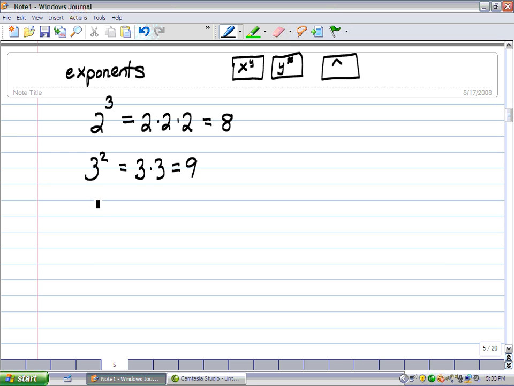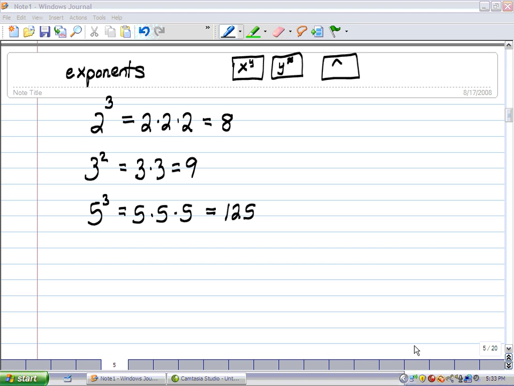Okay. What about 5 to the 3? That would be 5 times 5 times 5, which is 25, times 5 again is 125. Not to be confused with 5 times 3.